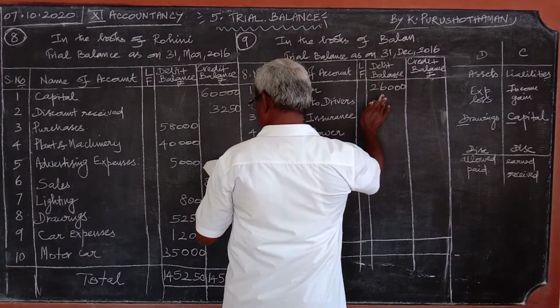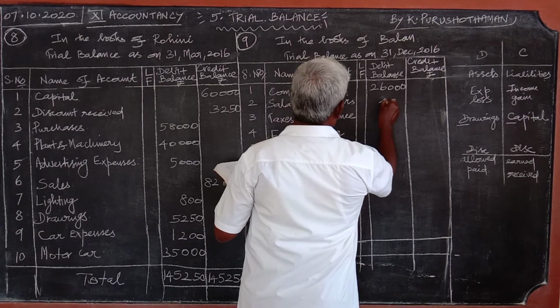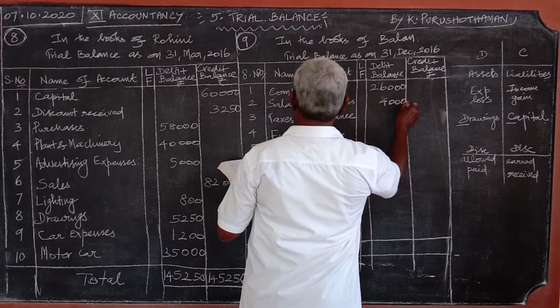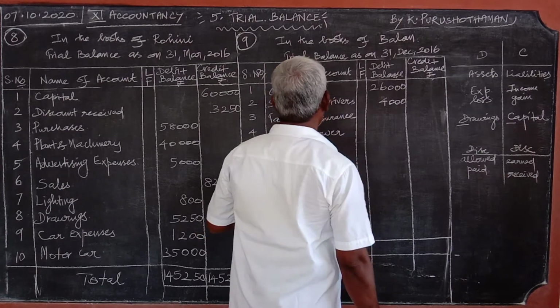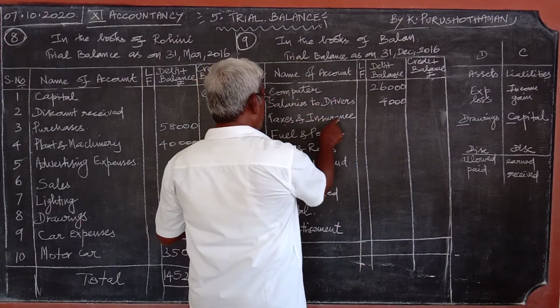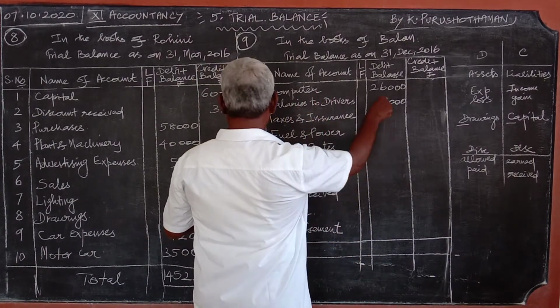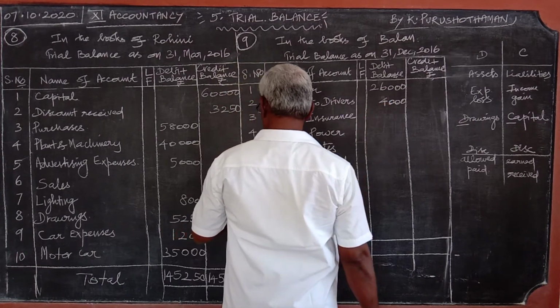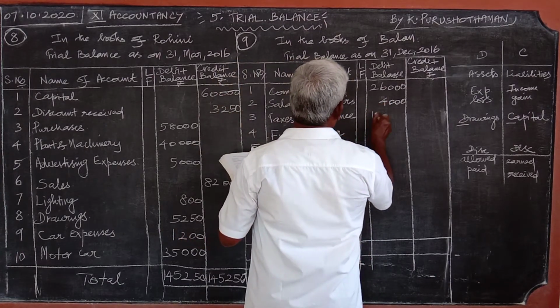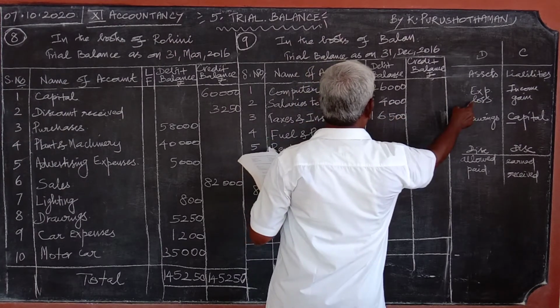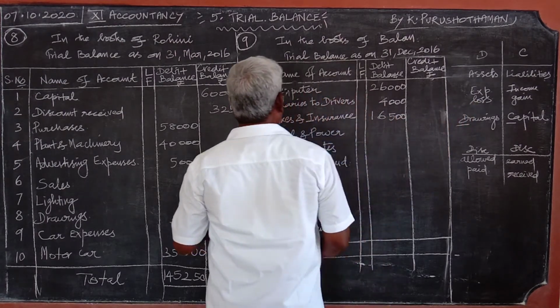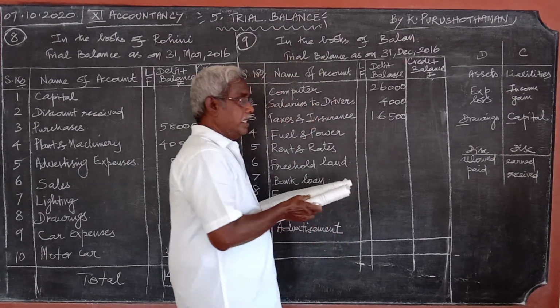Therefore, you write it on the debit, 4,000. Then, third item, taxes and insurance. Taxes and insurance premium paid. Therefore, it is an expense. 16,500. It is an expense, debit. Then, fuel and power.